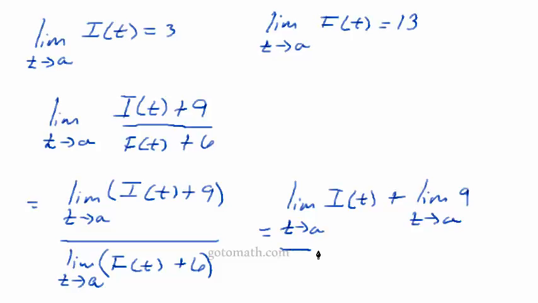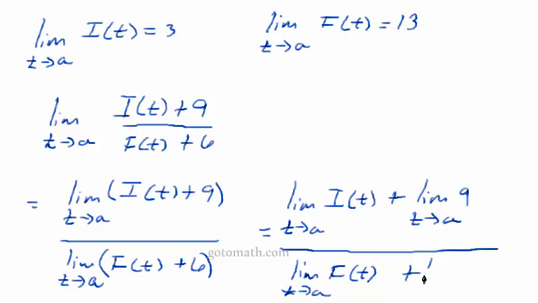Okay, so that's the numerator. Then the limit as t approaches a of f sub t plus the limit as t approaches a of 6. That's supposed to be an a, not an 8.